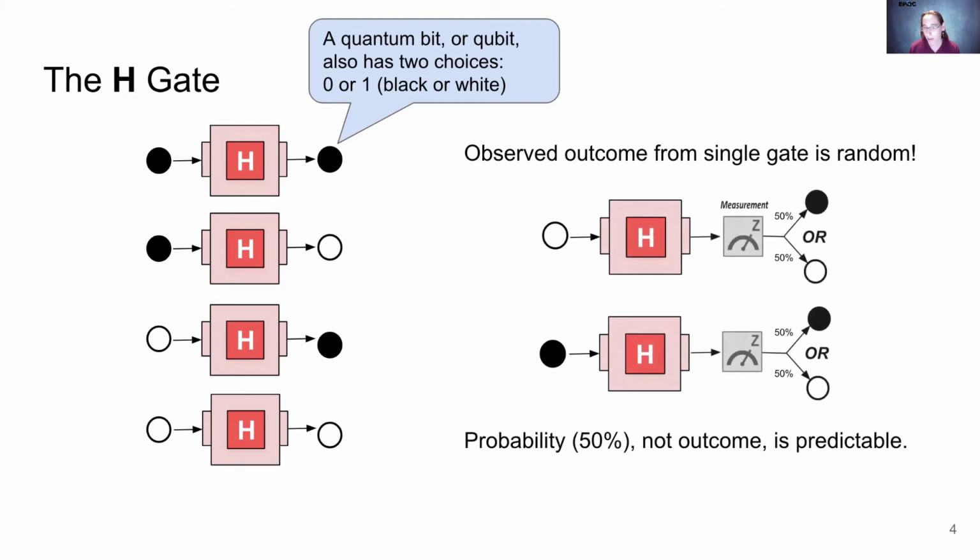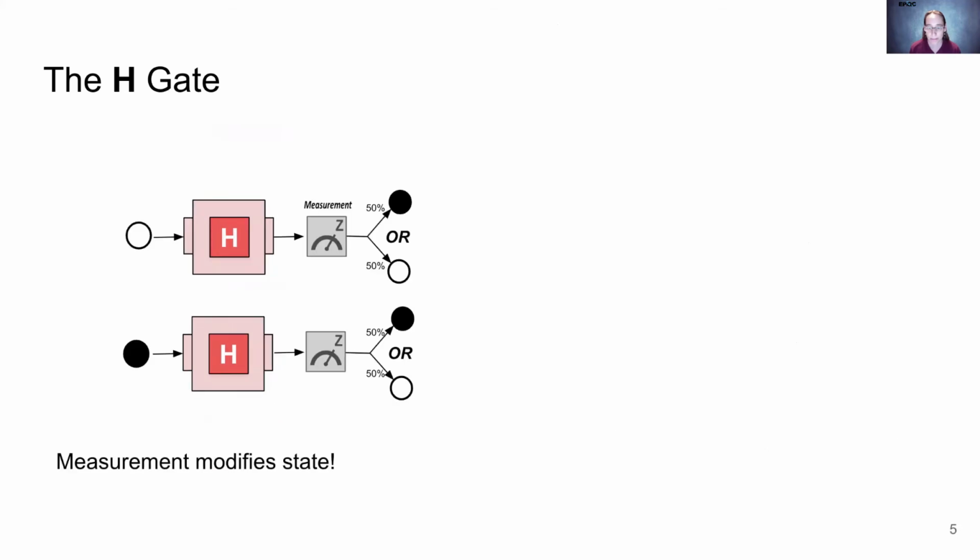To be more precise, I put the white ball or the black ball through, I apply an H gate, and then I perform a measurement. And there's a 50-50 probability of measuring black or white. So this is the way we introduce superposition into a quantum system. There are other gates that can do other percentages as well, but we're just showing the H gate because it's the classical one to present first in quantum.